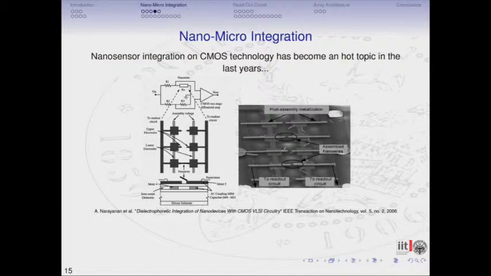But the amplitude of the DEP signal, the dielectrophoresis signal, can reach 45 volts peak to peak, so it is too high for modern technology.